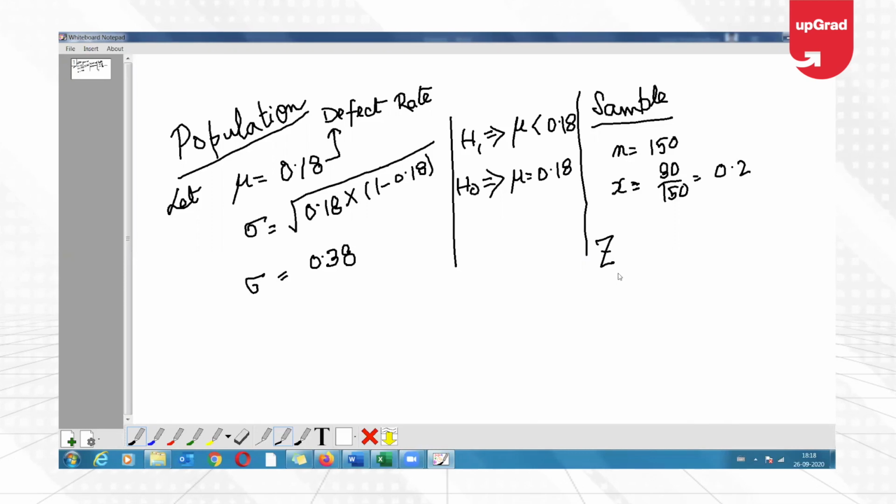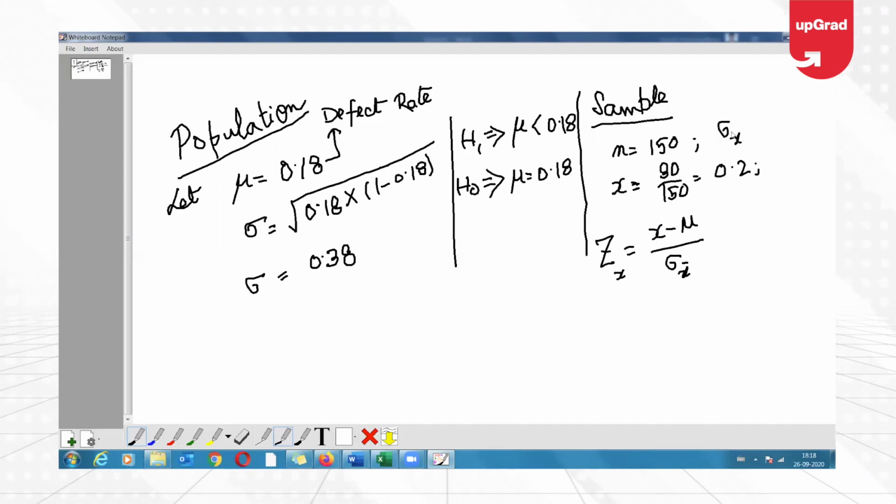So z-score of x is equal to x minus mu by sigma x bar. So we also need to calculate the sigma x bar.